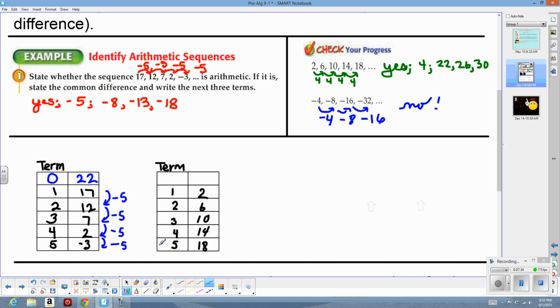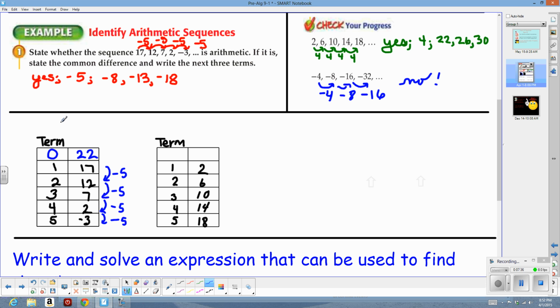I just got done telling you that if I take the term number, or n, and multiply it by -5, its common difference, and then add 22 more to it, I get this number over here. So if you'll notice, this ends up right here, and this ends up right here.